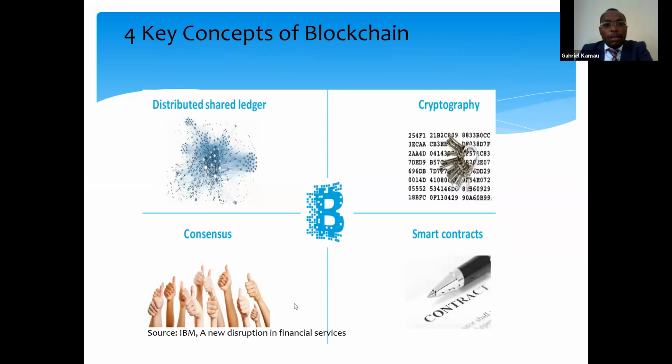For a blockchain to work, there are 4 key concepts. One is what we refer to as the distributed shared ledger. The different records that are shared between different participants through consensus. So there must be a consensus. There must be rules. And within the industry, we have different consensus mechanisms.